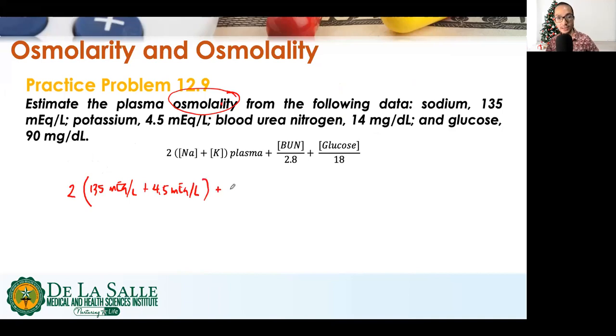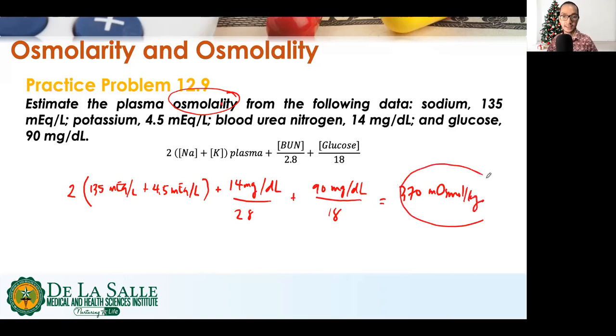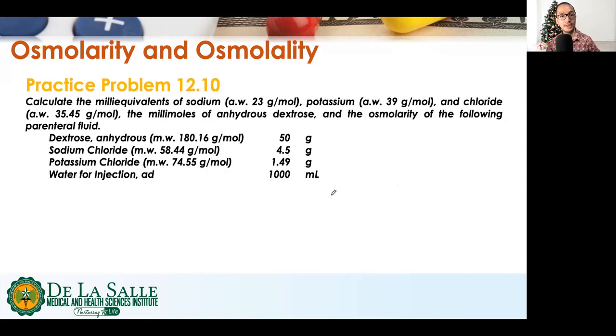Plus the BUN, 14 milligrams per DL divided by 2.8 plus glucose 90 milligrams per DL and divided by 18. So the plasma osmolality, okay, is actually equal to 370 milliosmol per kilogram. Okay? Ayan. So just use the formula. So napakawalang kwentang problem. Okay.